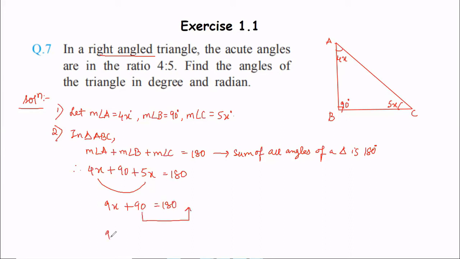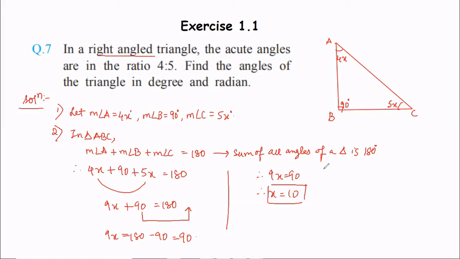Therefore 9x is equal to 180 minus 90, which is 90. We can divide by 9, so x is equal to 10. So we have got the common multiple which we assumed over here.